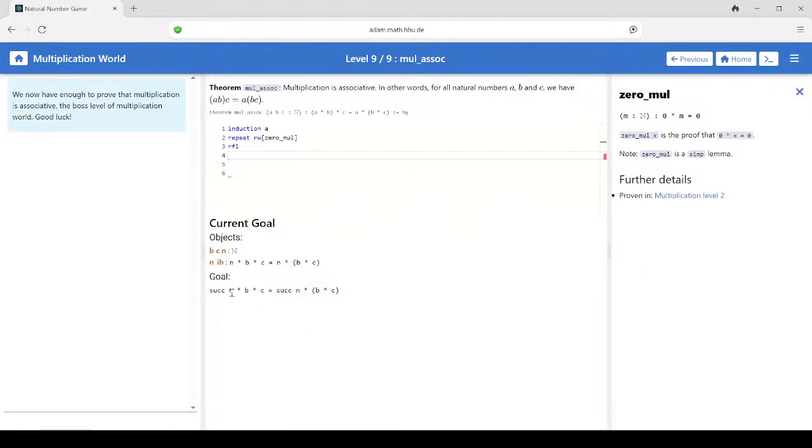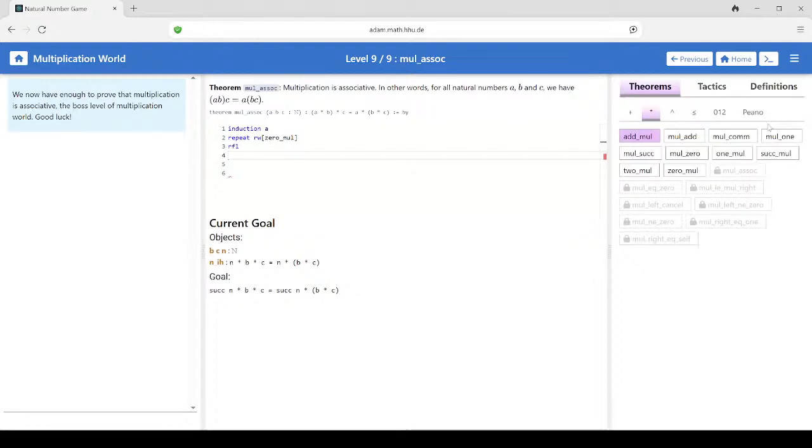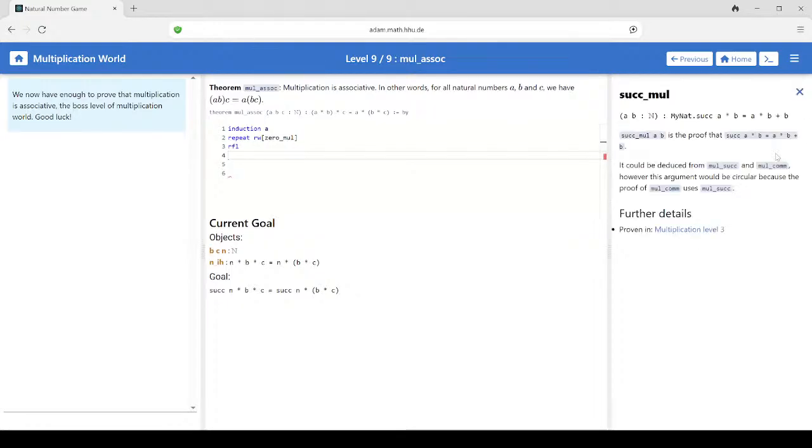We're doing these ones first versus doing these ones first. It's pretty much the same as last time, but maybe it'll be easier. We just need to get the successor of n out of there. Yeah, with this one.